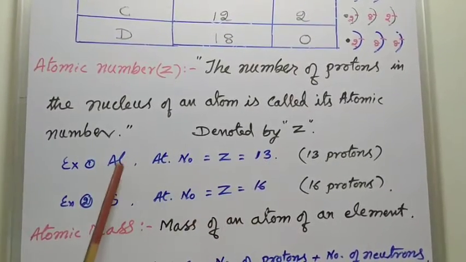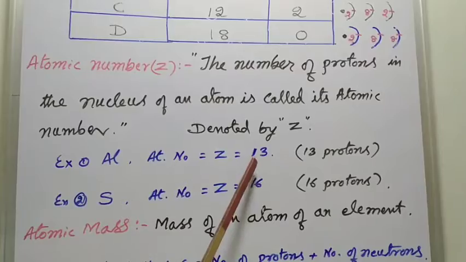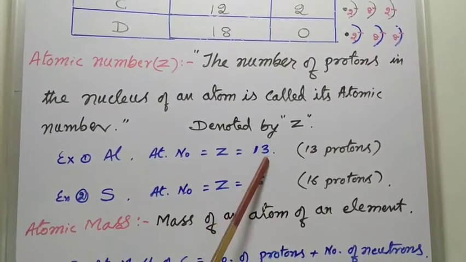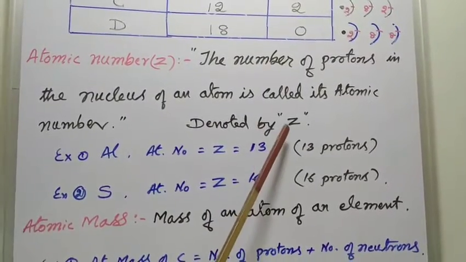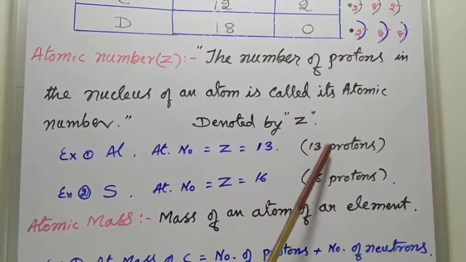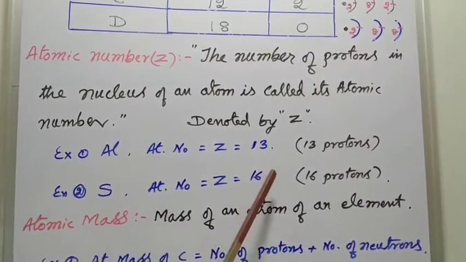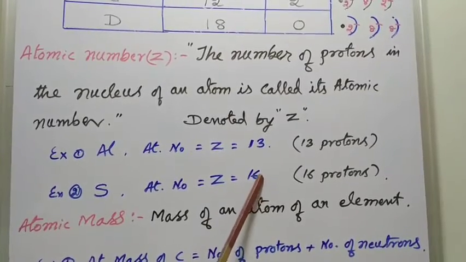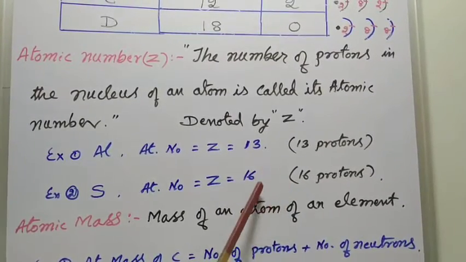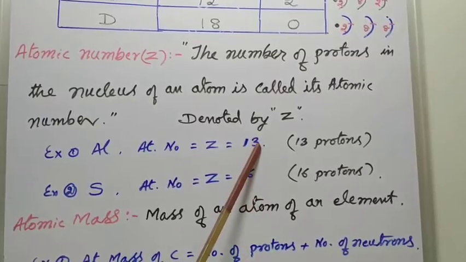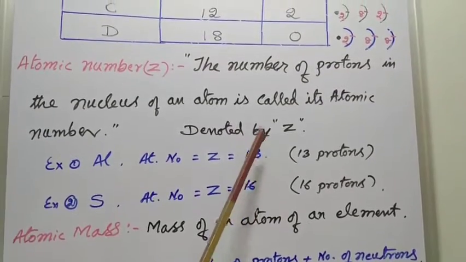That means the aluminium nucleus has 13 protons. Sulfur, atomic number is 16, so 16 protons, nothing but 16 electrons. And 13 protons means 13 electrons.